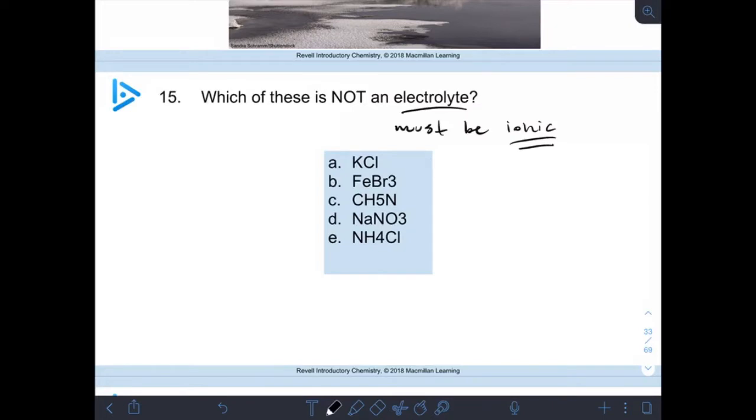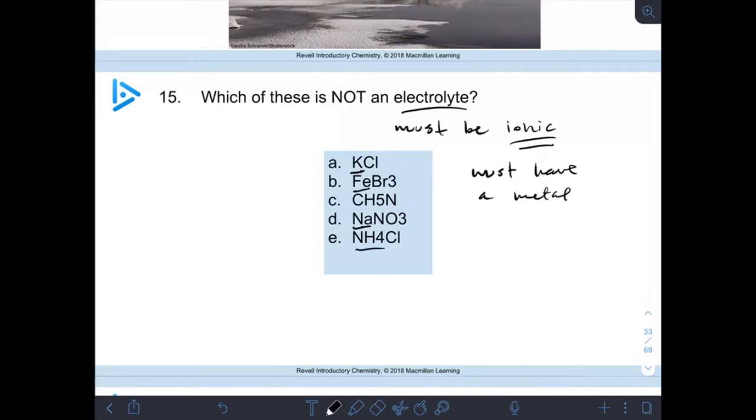Let's take a look at the compounds in this list. In order to be ionic, it must have a metal. So which of these compounds does not have any metals? Potassium, that's a metal. Iron, there's a metal. Sodium, there's a metal.